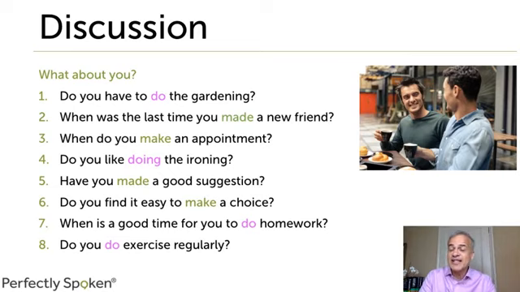Number 2, when was the last time you made a new friend? Well, actually, the last time I made a new friend was last week. We went to a dinner with some friends, and there were some new friends. And yes, we had a very good time.